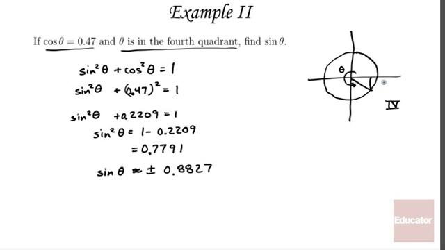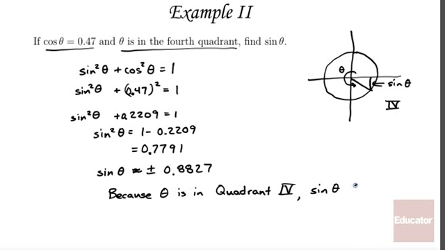So the sine in the fourth quadrant is going to be negative because the y coordinate is negative. So because theta is in quadrant 4, sine theta is going to be negative. So we take the negative value. Sine theta is approximately equal to negative 0.8827.